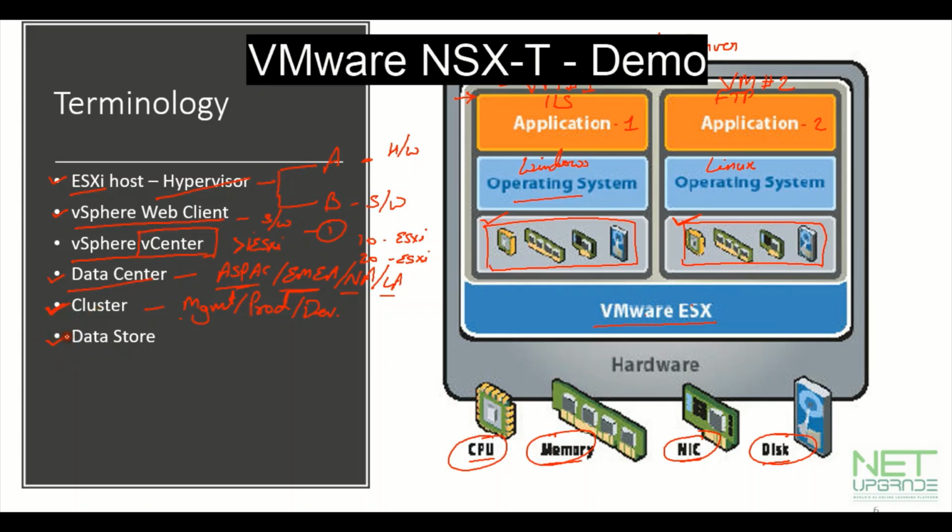In VMware terminology, there is one more important thing called data store, which in our standard terminology we can say is a hard disk drive or storage. Storage means a place where we can store our virtual machine files, which are configured by our hypervisor software.